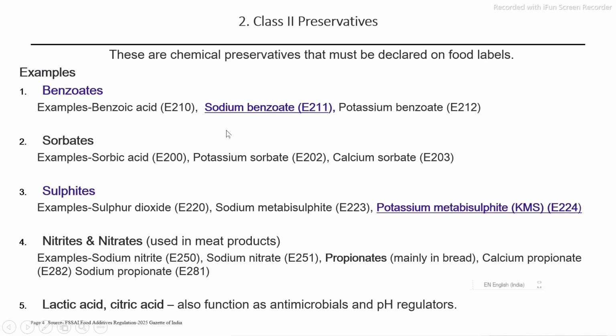These are the main two chemical preservatives added in the fruits and vegetable processing industries. Very important, these have E numbers, the European Union standard numbering given to all additives. Today we will discuss in detail the role of sodium benzoate and potassium metabisulfite, and their specific limits and the FSSAI guidelines.